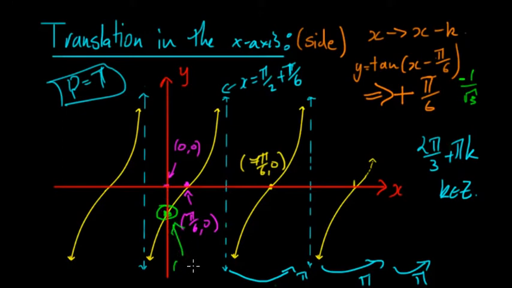If we got a positive answer, then there would be something wrong with the graph. So we'd have 0, negative 1 on root 3, which you could rationalize by multiplying both the numerator and the denominator by root 3, and you'd get negative root 3 on 3.